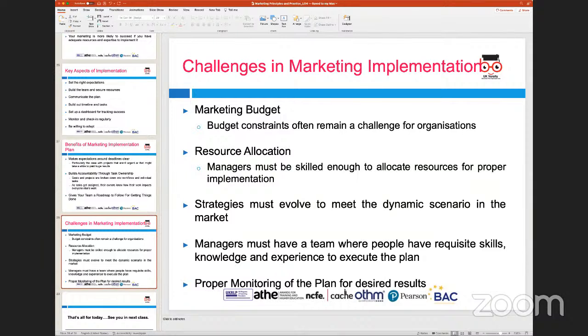That would be addressing the challenges you could face in terms of implementation of the plan. And that is what is required to be covered in this particular assessment criteria 4.3.